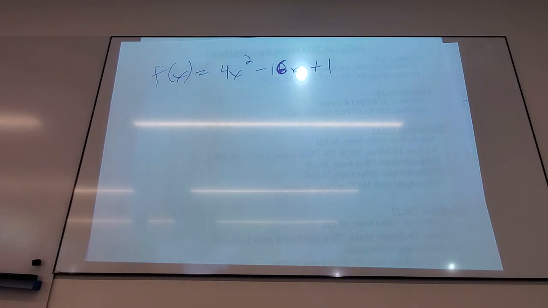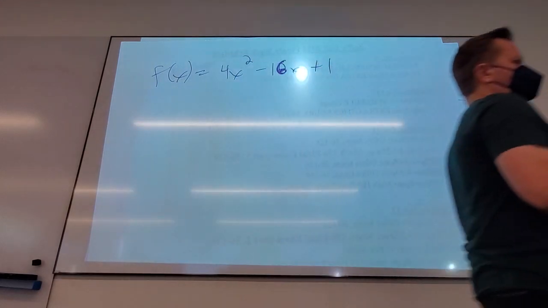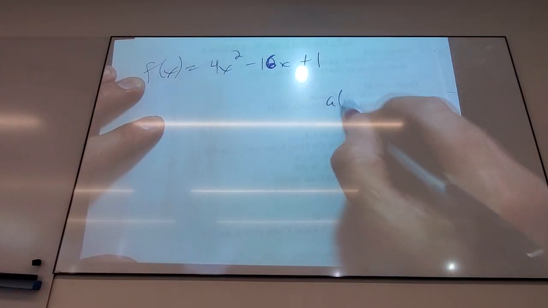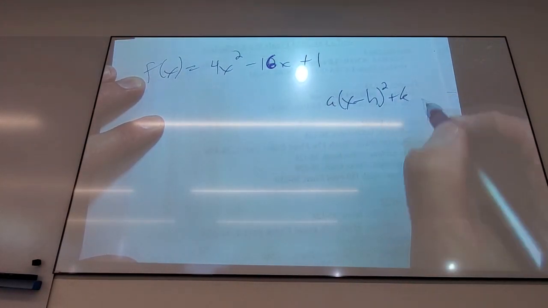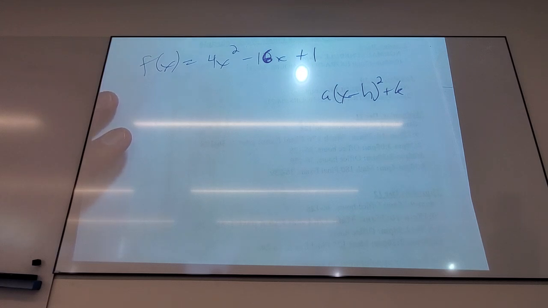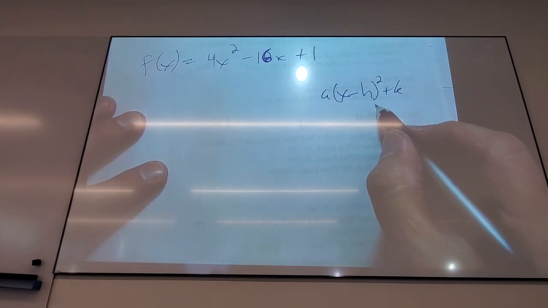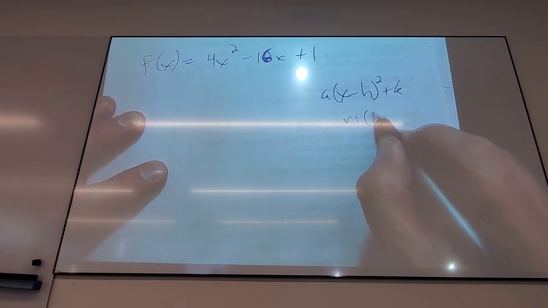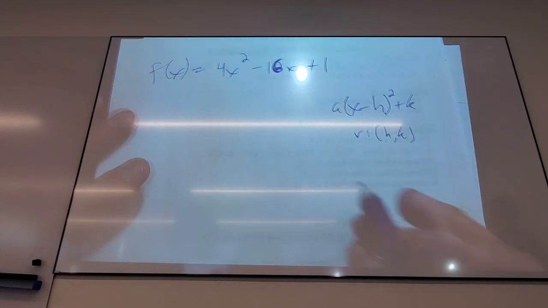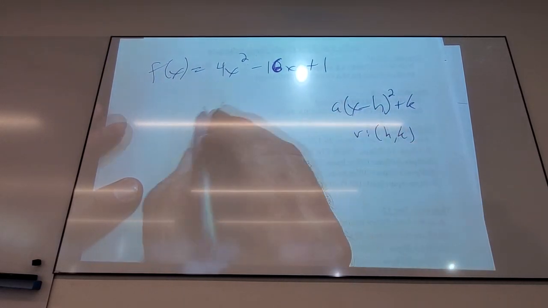So, you guys remember how to put this in the standard form? We kind of gave it away because Genevieve asked for a completing the square problem, and I gave this one. So what does standard form look like for this? If I had it like this, what would the vertex be? H, K. So how do I put this in that form?